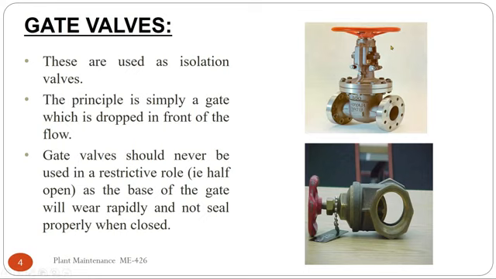Like in the PSO oil storage terminal in Port Qasim, there is an 8 kilometer 12-inch pipeline. There are approximately 400 or 500 valves installed in our plant, of different sizes, ranging from half inch to 48 inch diameter.